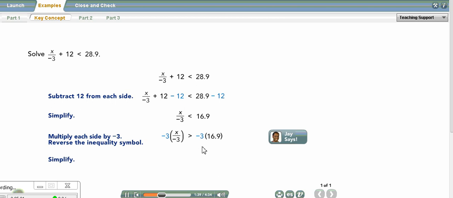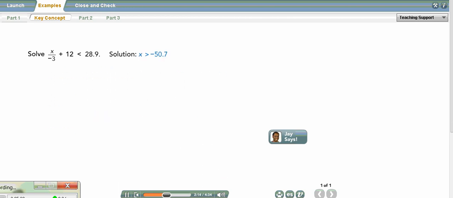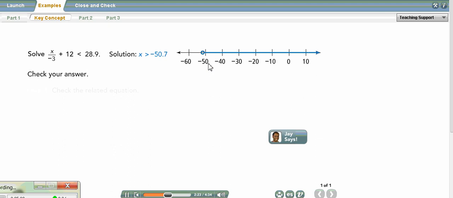So now we get x is greater than negative 3 times 16.9, which becomes negative 50.7. Okay, so this is our solution and we need to graph it. So we have an open circle because it's greater than but not equal to, and we're going in this direction.